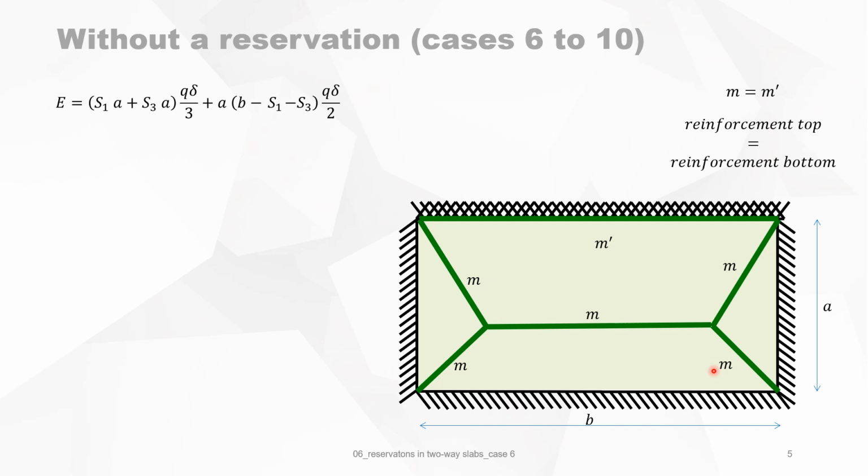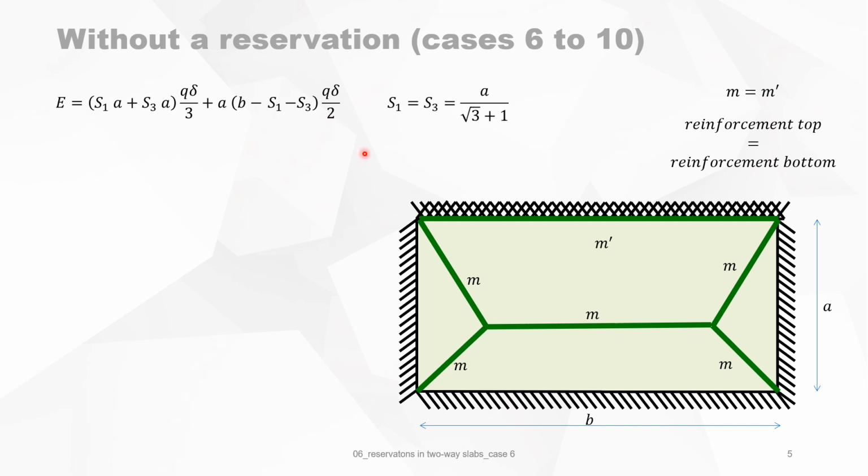So we see that S1 times A, which is this total surface, plus S3 times A, this surface, times Q, the uniform distributed load, times the deflection divided by 3, because that's the mean deflection for a triangle. What's left is a rectangle with side A, and the other side is B minus S1 and minus S3. And this is times Q delta divided by 2, because delta over 2 is the mean deflection of a rectangular slab.